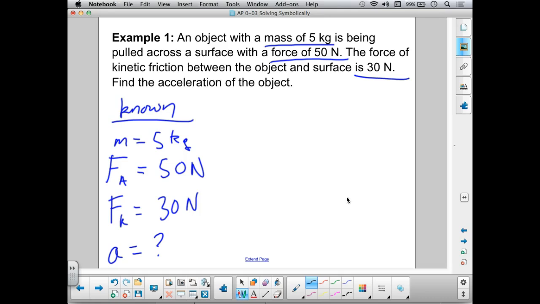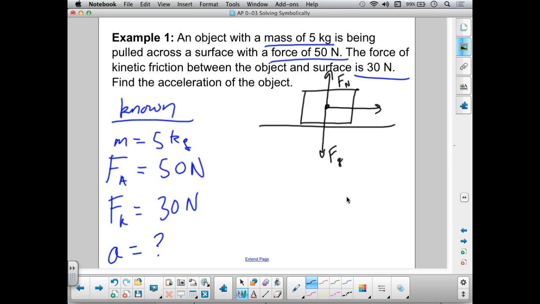Okay, next thing I want to do is draw any diagrams that might help me. And as good physics students, we know that for any force problem, the diagram that helps us is going to be a free body diagram. So I'm going to draw my object here on a surface. I know that the object has mass, therefore it has weight, and it's sitting on that surface presumably, so any object touching a surface receives a normal force from that surface.